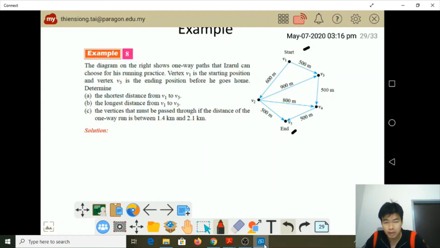So this is more like trial and error before you get the answer. Let's go for A, the shortest distance. To go for the shortest distance, you pass through as few vertices as possible. This is what I think will work. Do a mental calculation for the distance, and you should be able to get the answer.